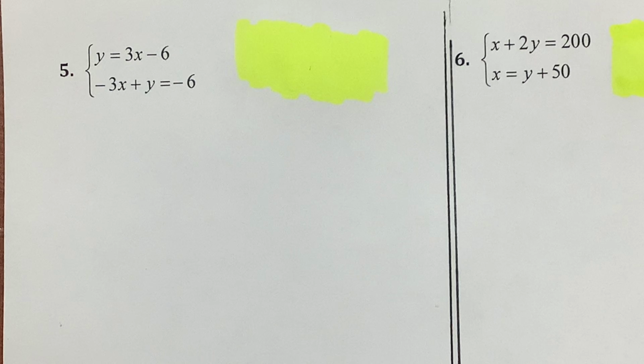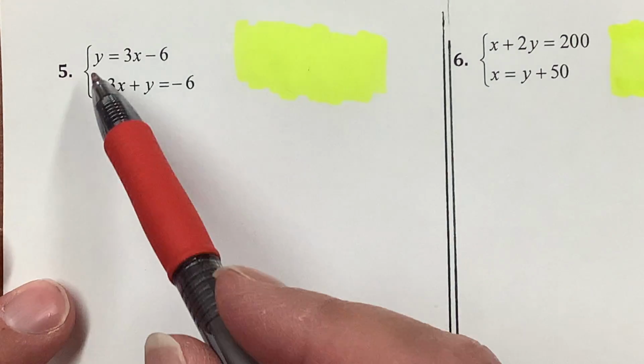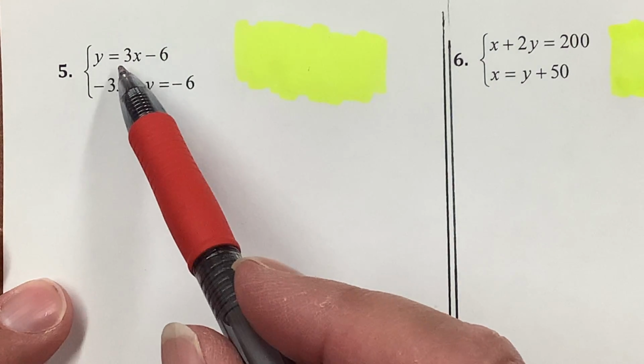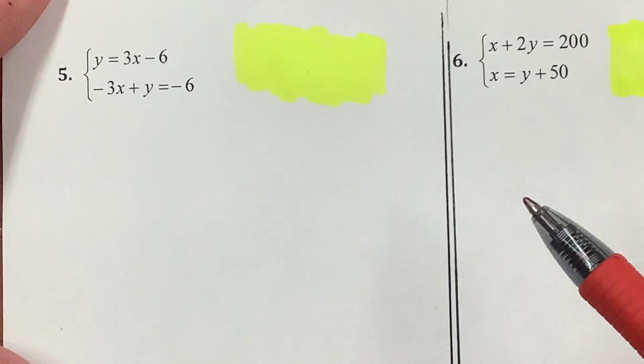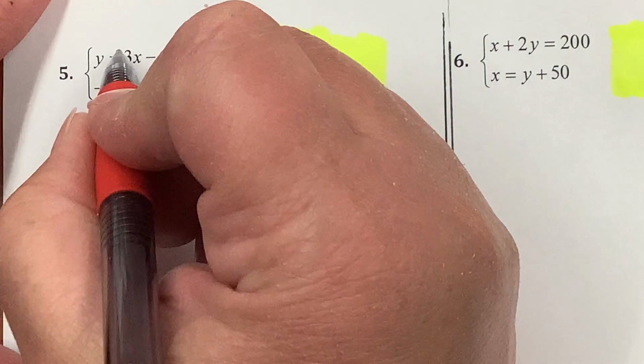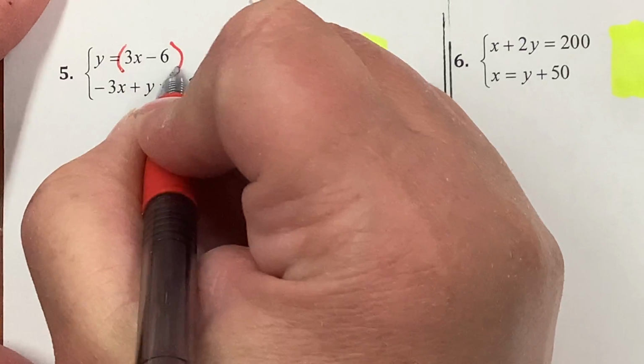So start by looking for the isolated variable. What does isolated mean? The one that's by itself. So y is the isolated variable, and the expression 3x minus 6 is equal to that isolated variable. So put parentheses around that.